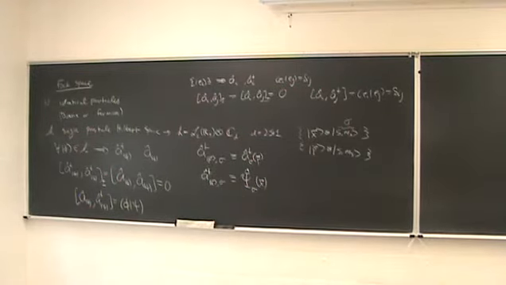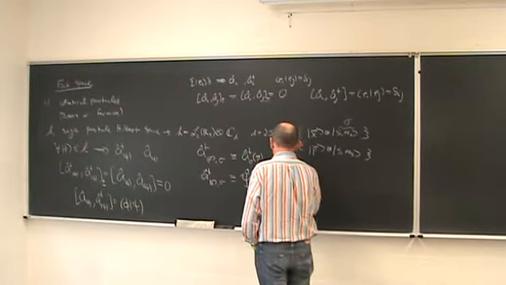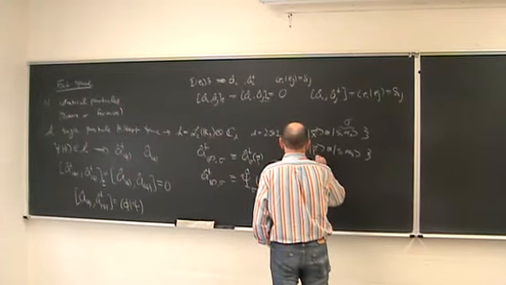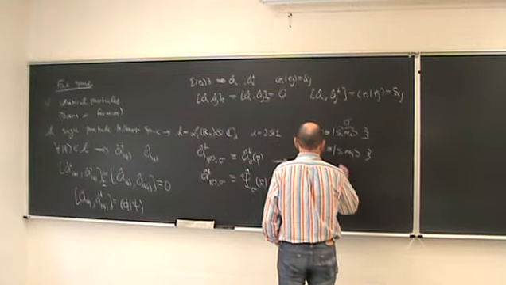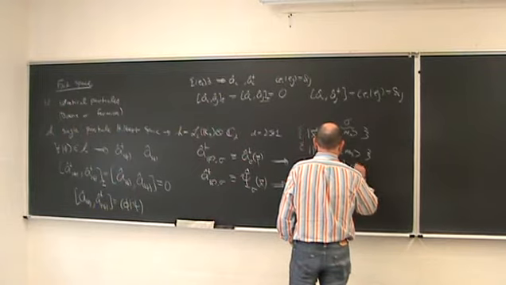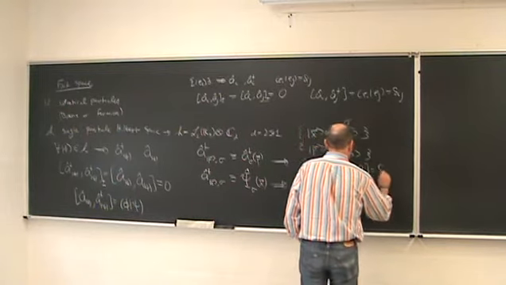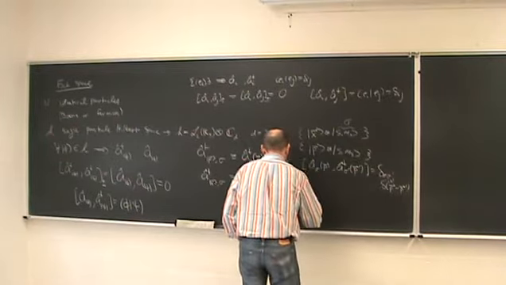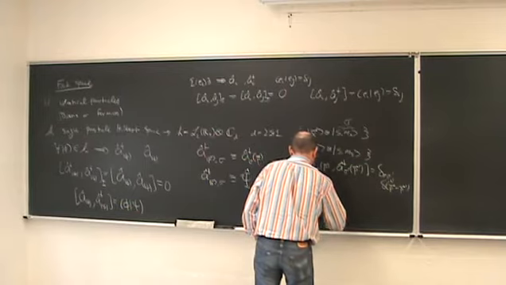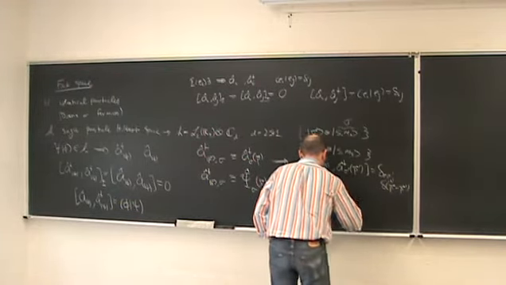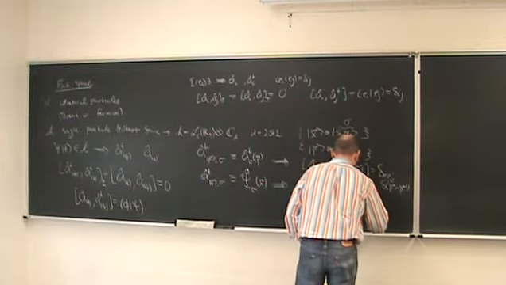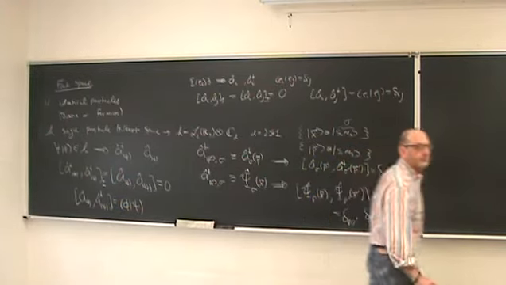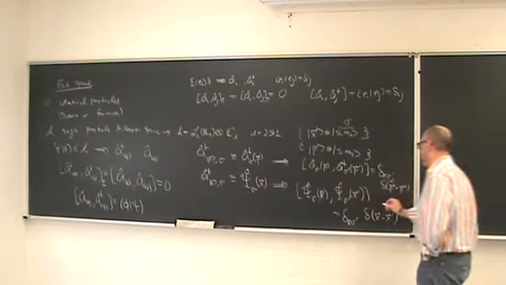psi of x. And in particular, thus, we see that these satisfy, for either bosons or fermions, these relations, where this is a Kronecker delta, and this is where these are Dirac delta functions.